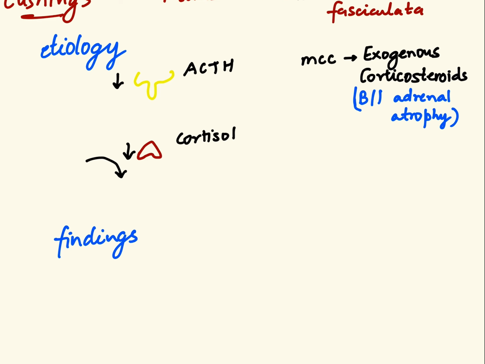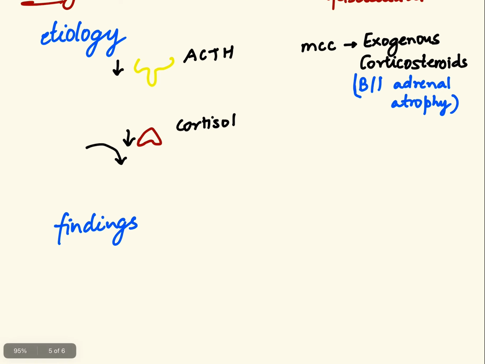Second cause we can understand is that primary adrenal adenoma. Adenoma. Now we have understood कि cortisol तो यहीं से निकल रहा है.